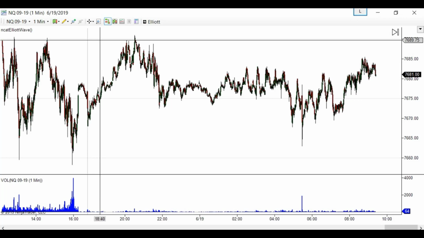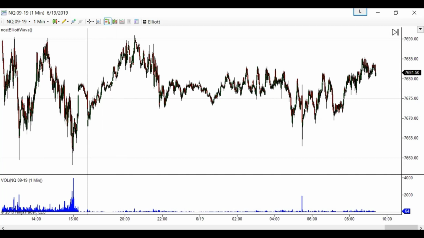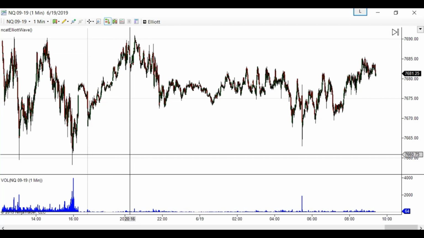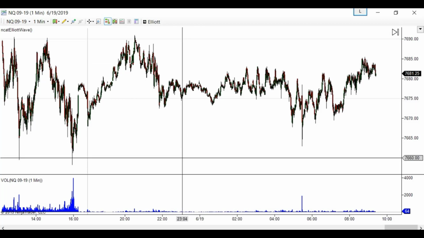Again, we're talking about zones, not prices to the tick. 7690 to 7700, that's important. So we're talking about roughly 35, 40 points. Here's what I know for a fact. Before today is over, one of these points is going to be broken. Do I know which one? No.